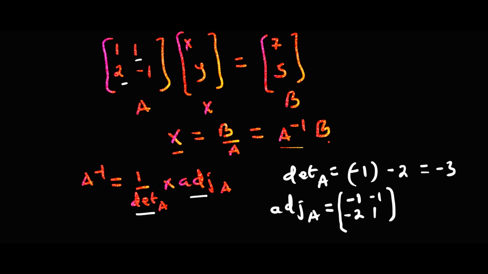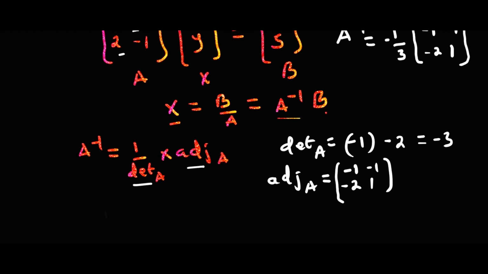So now, it means therefore that the inverse of A is given by 1 over the determinant times the adjoint, which you have obtained to be negative 1, negative 1, negative 2, 1. That is the inverse. You could open it up or you could use it the way it is.